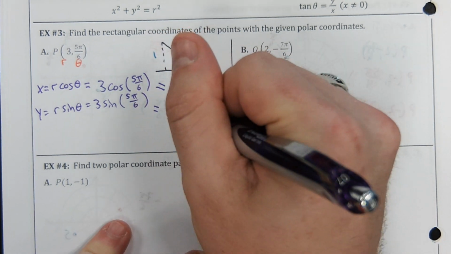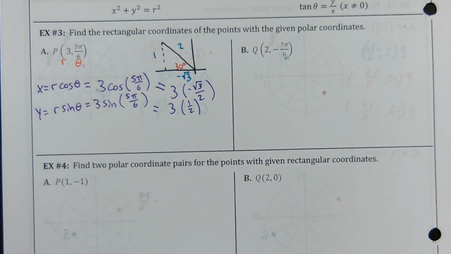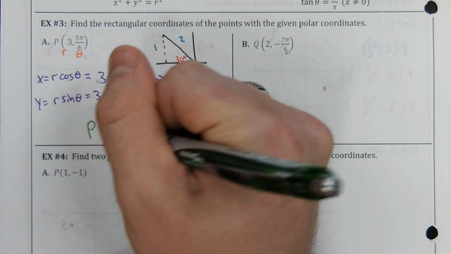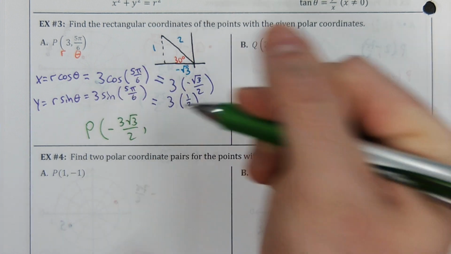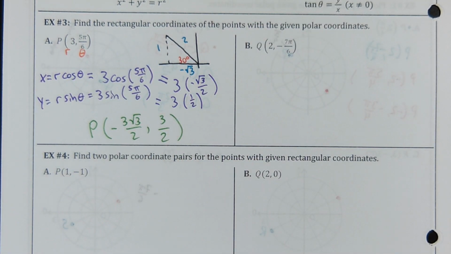And sine here, 3 times 1/2. This polar coordinate is this rectangular coordinate: negative 3 root 3 over 2, comma, 3 over 2. Those are the exact same point in space. It just uses the trig that we already know. Ta-da! Not bad, right?